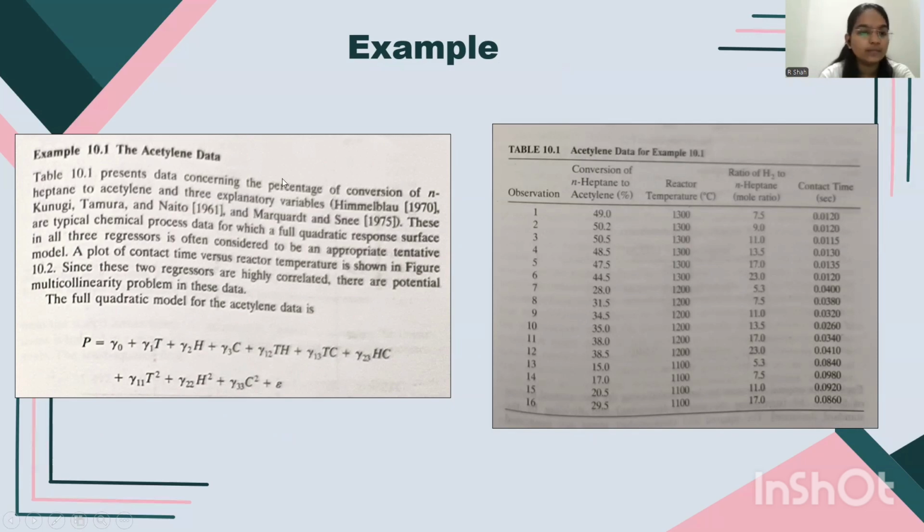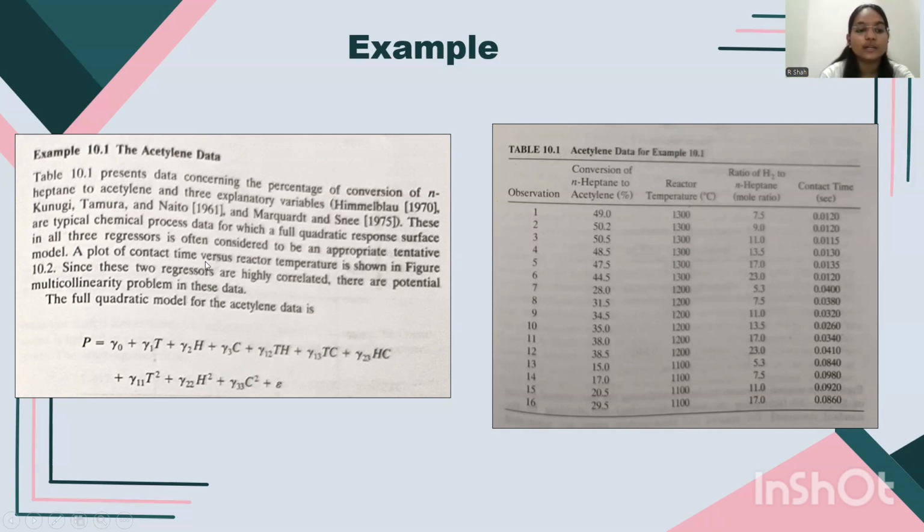This table presents the data concerning the percentage of conversion of n-heptane to acetylene and three explanatory variables. These are typical chemical process data for which a full quadratic response surface in all three regressors is often considered to be an appropriate tentative model.